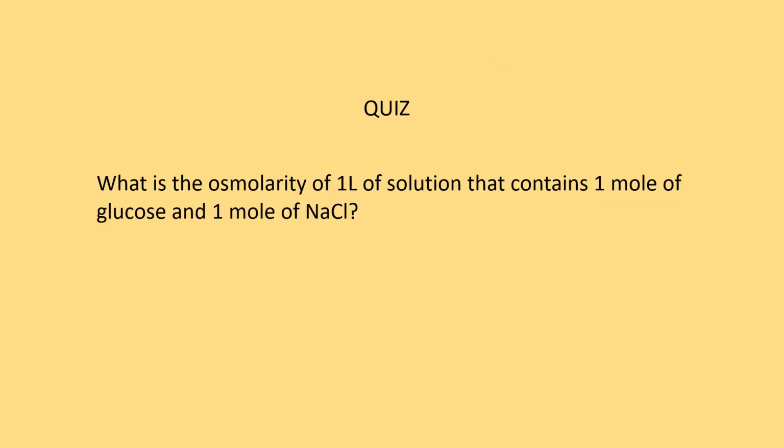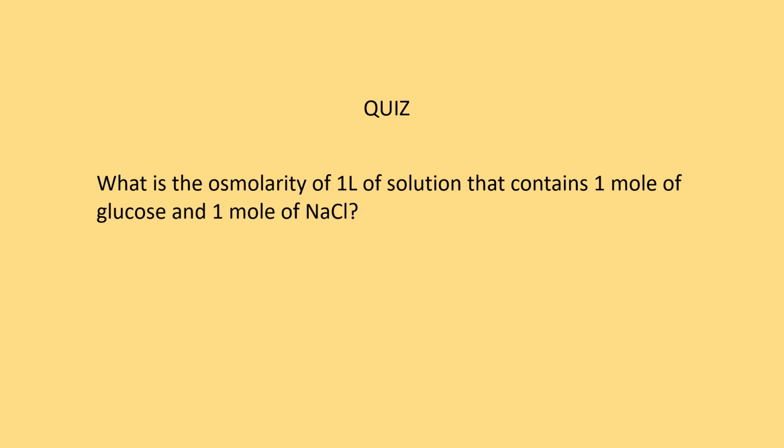Here's a quiz. Can you answer this question? What's the osmolarity of 1 liter of solution that contains 1 mole of glucose and 1 mole of sodium chloride? I'll give you a moment to think about it. The osmolarity of this solution is 3. 1 mole of glucose will give rise to an osmolarity of 1 because that glucose remains intact.